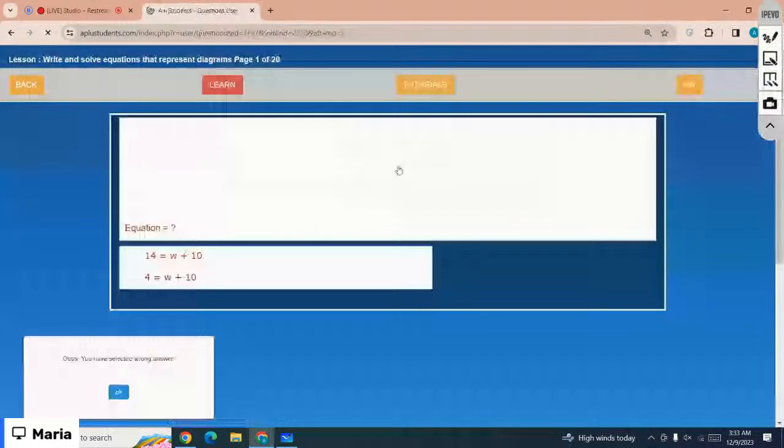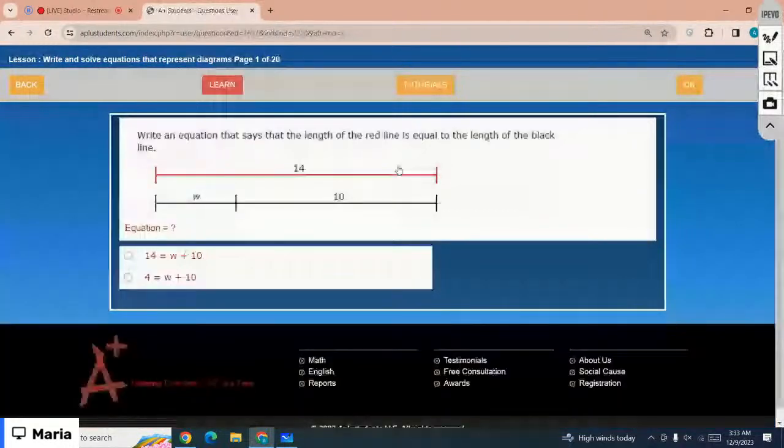Okay, write an equation that says that the length of the red line is equal to the length of the black line. So which is the correct option? The red line is 14.